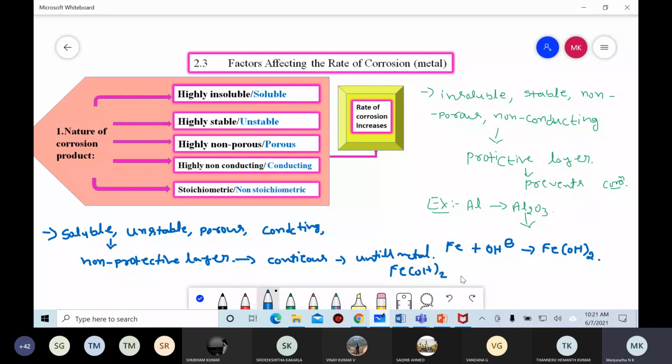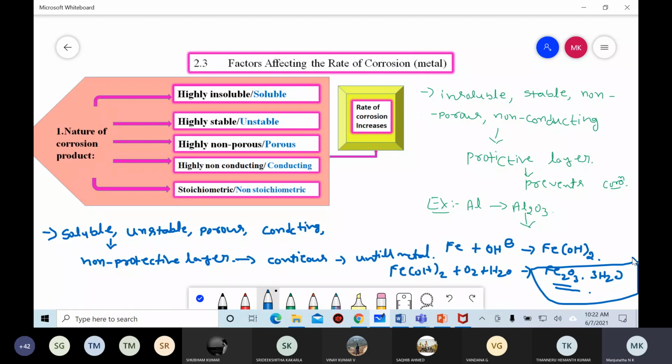Therefore, it reacts with moisture and oxygen, forming the iron hydrated oxide layer, Fe2O3·3H2O, hydrated ferric oxide. This hydrated ferric oxide layer indicates the complete loss of iron metal. That is because of the nature of the corrosion product.